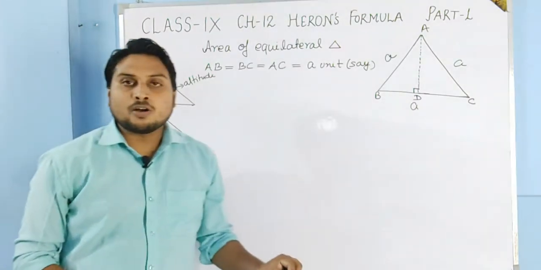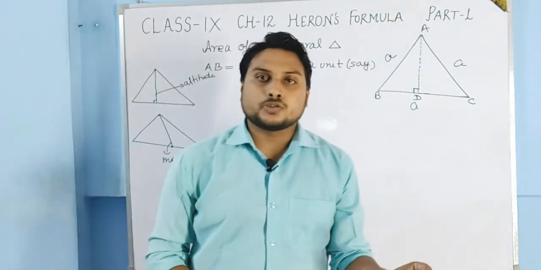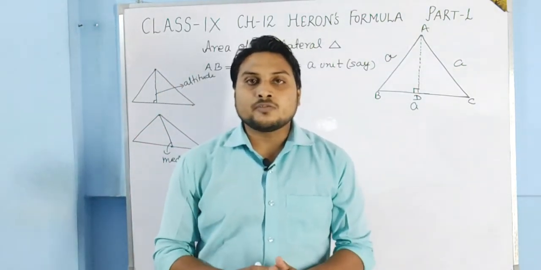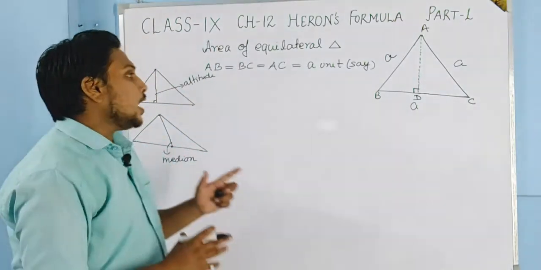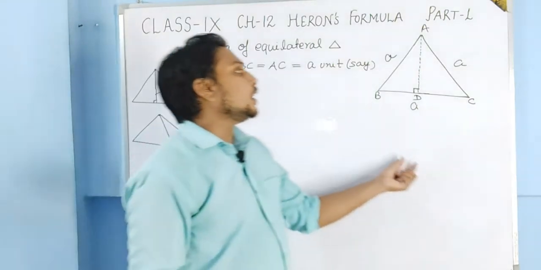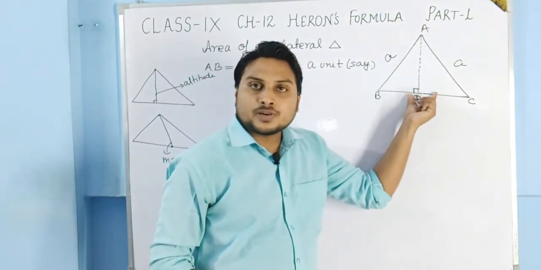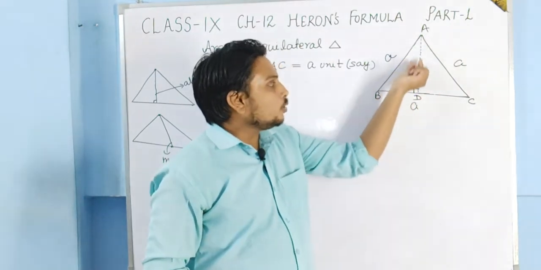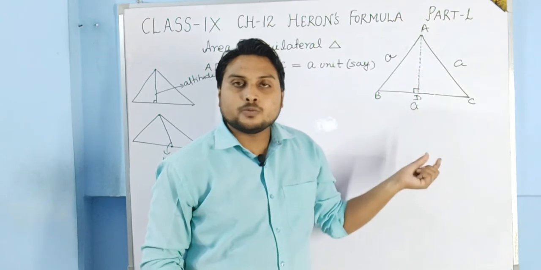In the case of an equilateral triangle and an isosceles triangle, the altitude and median are the same line. Here AD is the altitude of the triangle, and AD will also be the median of the triangle. Are you getting my point?